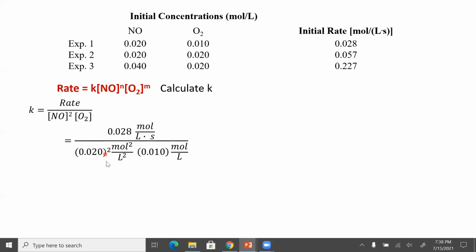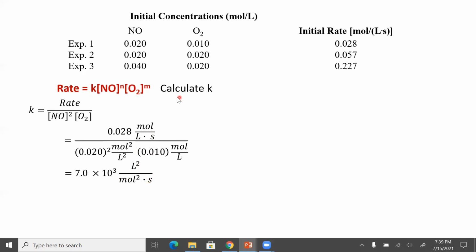I'm going to do the same thing for moles squared over liters squared. I'm going to take the reciprocal up here in the numerator. So liters squared over moles squared over seconds. So my overall units are going to be liters squared per mole squared per second.